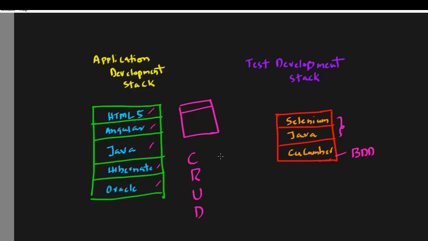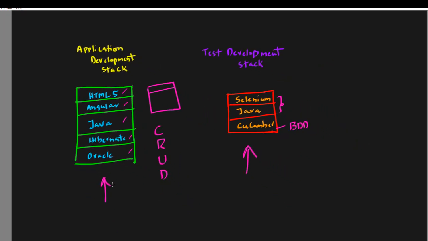And the application development stack is Oracle, Hibernate, Java, AngularJS, and HTML5. So these are the two separate stacks we have, and they will be developed independently. One is taken care of by the test automation developers, and application development is taken care of by the application developers.